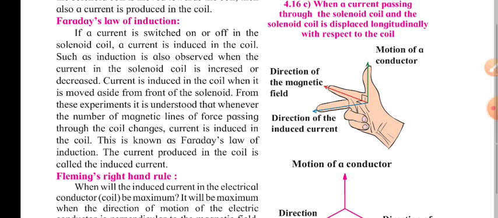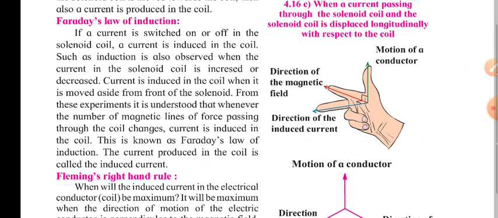Fleming's right hand rule. Like in the previous part, where we talked about Fleming's left hand rule, where the two fingers and the thumb are stretched outward and mutually perpendicular, in the same way, in the right hand, if we place two fingers, the index finger and the middle finger, and the thumb stretched outwards in such a way that they are mutually perpendicular, then this also helps us understand the concept of electromagnetic induction, or it gives the direction of various things.